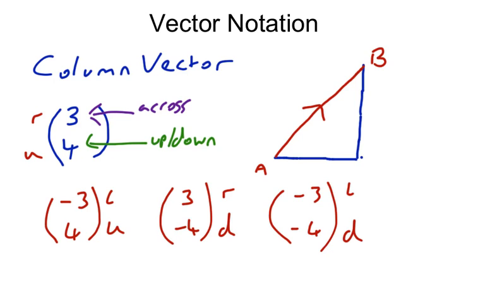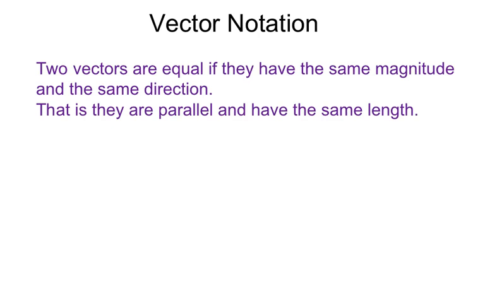We could then refer to this vector later on as AB with an arrow over it, and we could say AB is equal to 3, 4 in column vector form or component form, and that would tell us what AB is. So 2 vectors are equal if they have the same magnitude and the same direction.